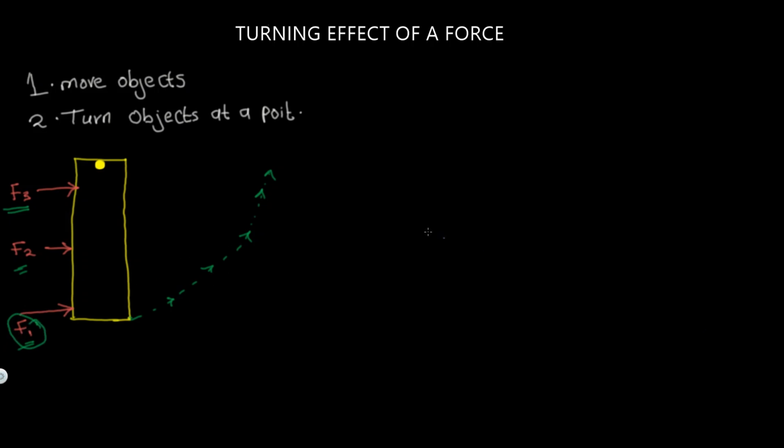The difference between these 3 is the distance from the pivot: F1's distance to the moving part is this, F2's distance is this, and F3's distance is this.